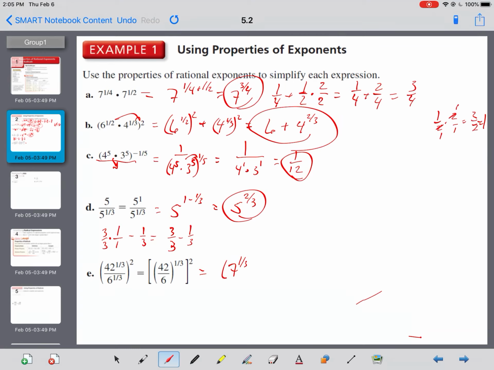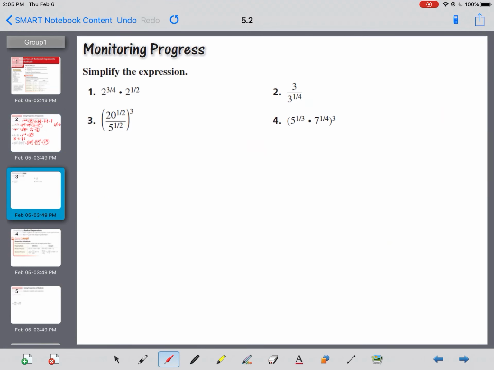So we get 7 to the 1/3 squared, which is 7 to the 2/3. And we've reduced it as much as possible.